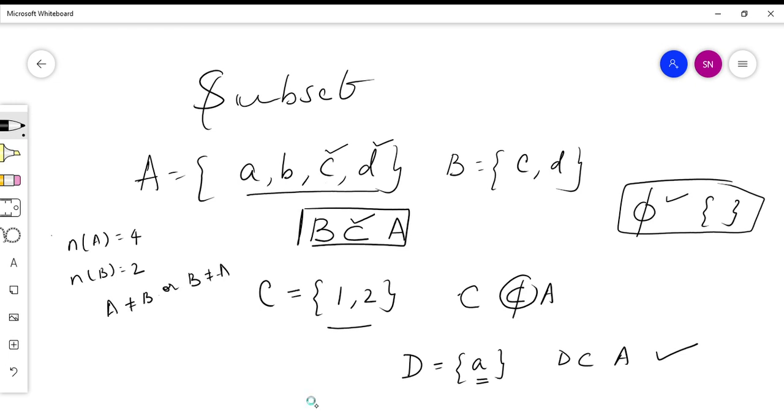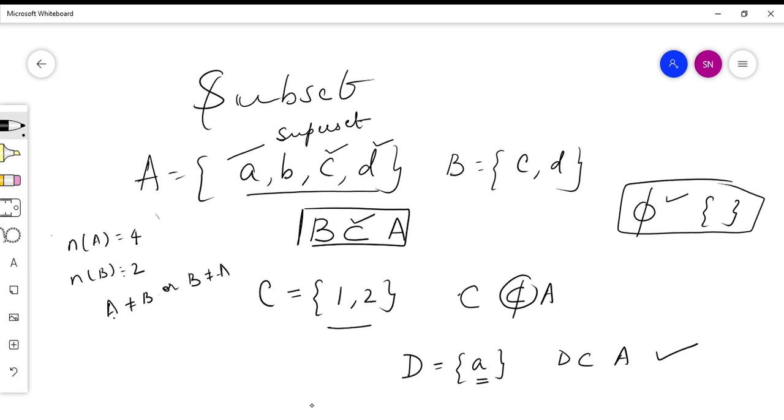So whichever is the biggest set is called a superset. Why is it called a superset? Because from the biggest set, I am able to find out the subset. Because cardinality of A is 4 and cardinality of B is 2, A will not be equal to B.